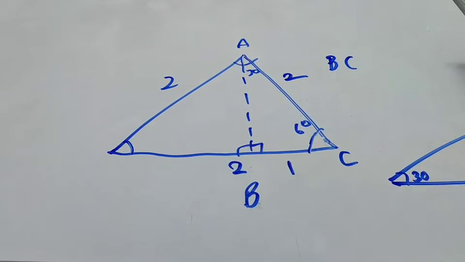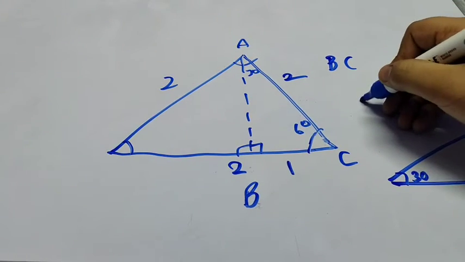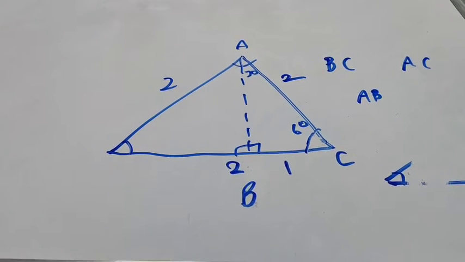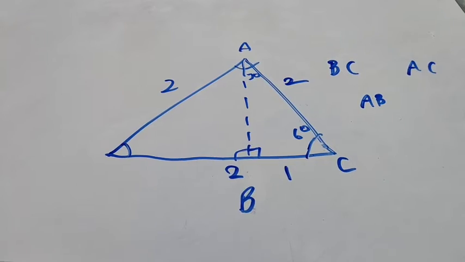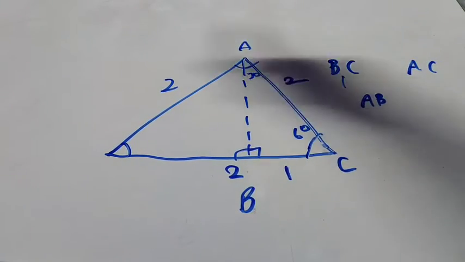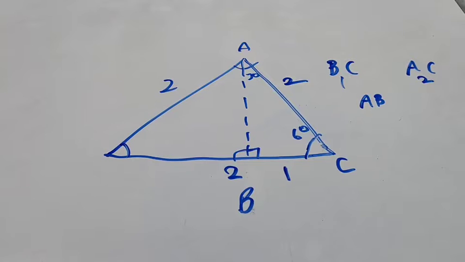Let me write it here for you: BC, then AC, and then AB, right? Let me rub this triangle. Now what we'll be writing here, the value of BC we have found to be 1. The AC value is 2 because we haven't done any division, and we'll find the value of AB.